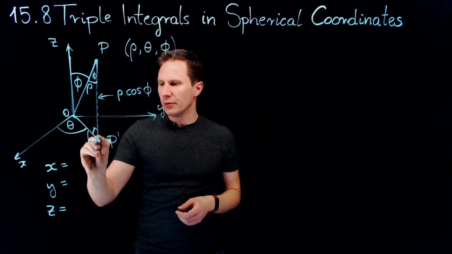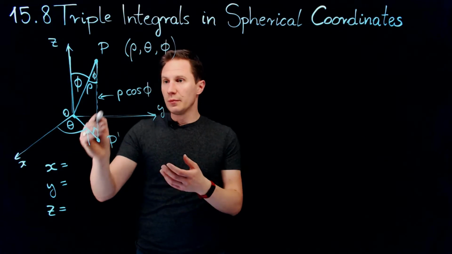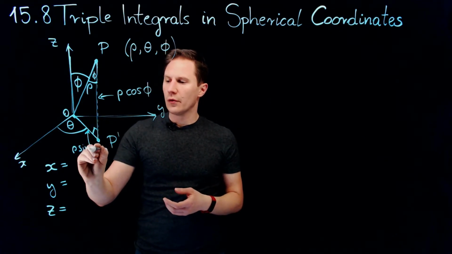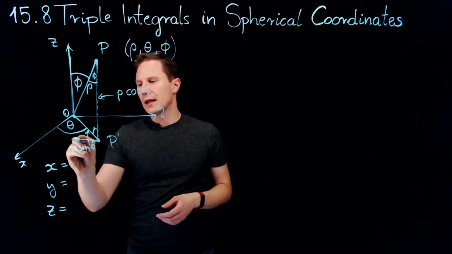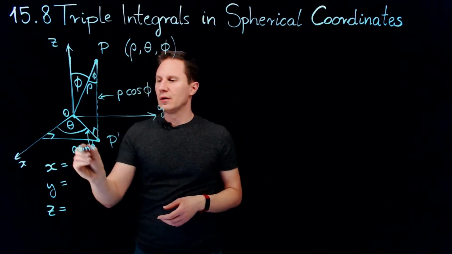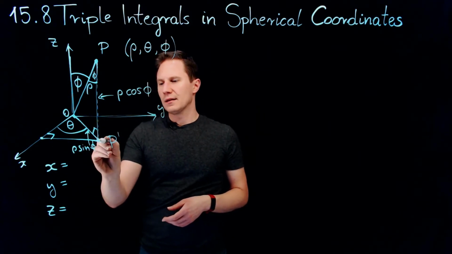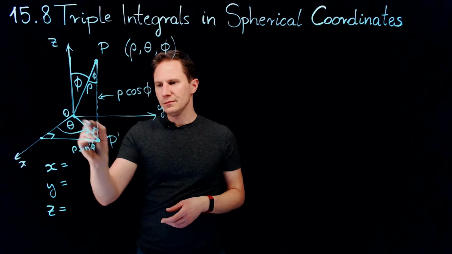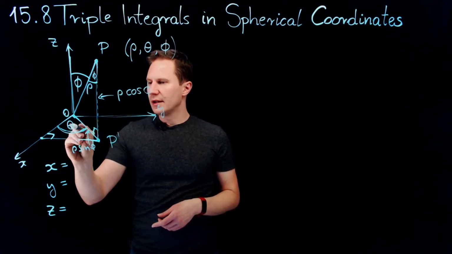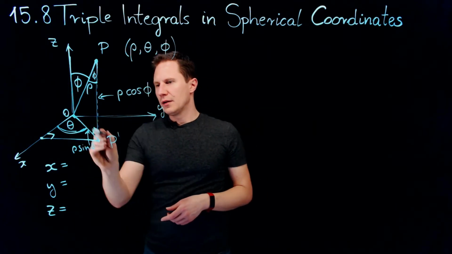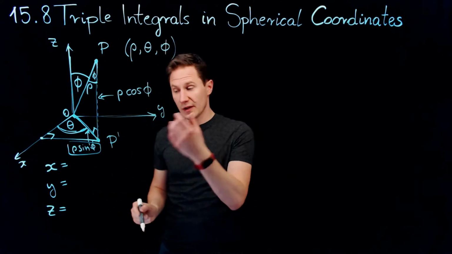Now the other leg, which is the distance of the projected point from the origin, will be rho times the sine of phi. And now all we need to do is look at this right triangle, connecting the origin, the x-axis, and this projected point, because this angle right here is theta, and we know that this hypotenuse is rho times the sine of phi.